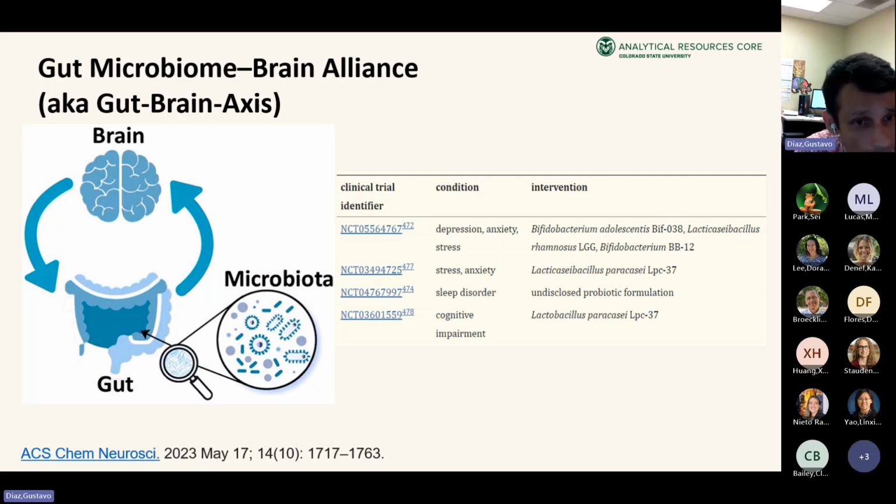And again, this is mostly related to metabolites that are produced by different bacteria in our guts that then end up circulating and causing effects, even in our brain. So the evidence is that strong that, as you see here in the slide, there are so many clinical trials right now using probiotics, which are living bacteria, to modify microbiota in order to treat some mental conditions.